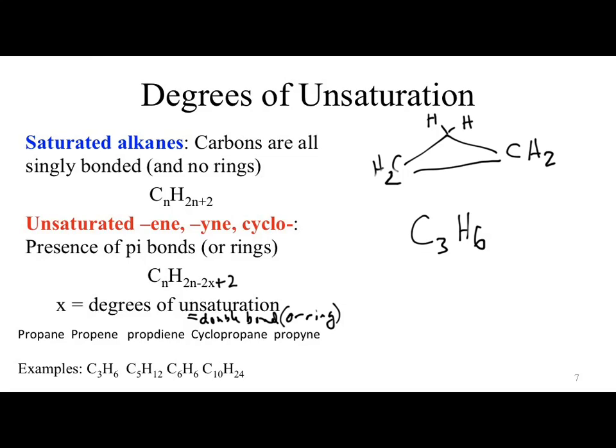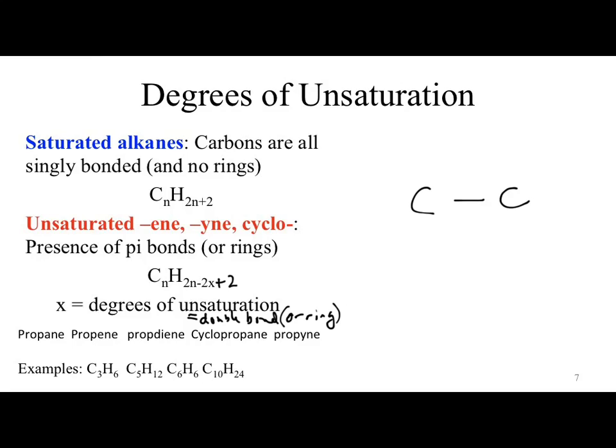Okay. So a ring results in the same type of thing as a double bond. Does it make sense? Why would a ring give you the same kind of result as a double bond? They're effectively the same thing. A ring is 2 carbons bound to each other in kind of a cyclic structure. So let's take 2 carbons and bond them to each other a second time.